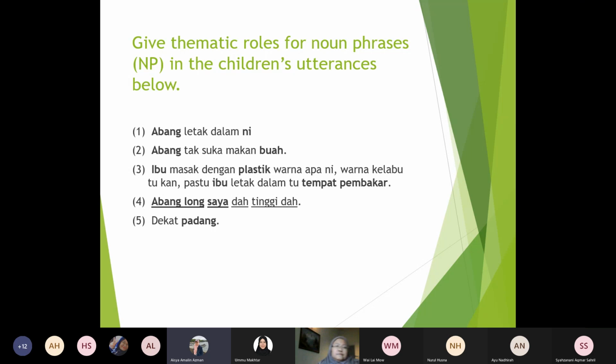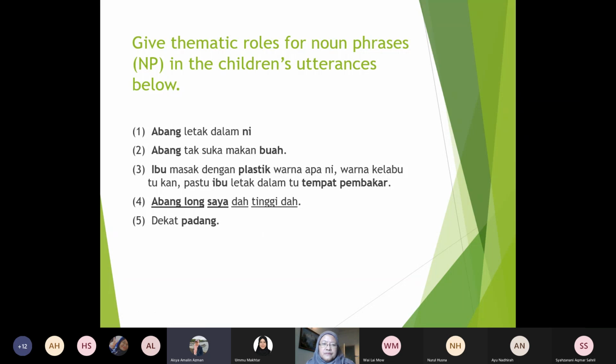We have to determine what is ni. What do you think ni is? Maybe it's an object that we can put things inside. If you were to say this to a boy in your clinic, abang letak dalam ni, what do you mean? Ni tu like bekas yang kita letak barang. Bekas kan? Abang letak dalam bekas ni atau dalam kotak ni kan?